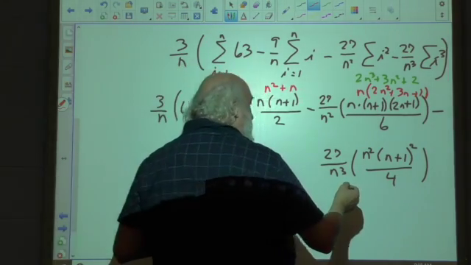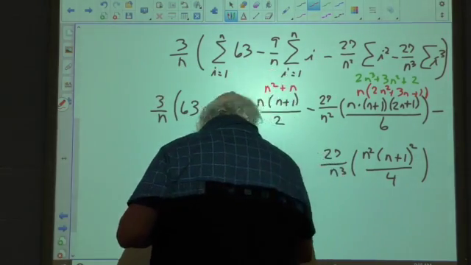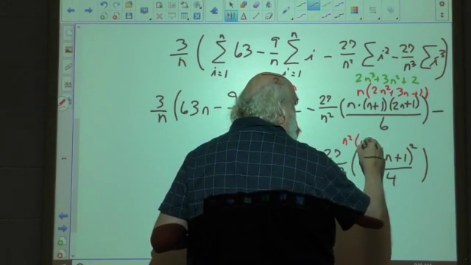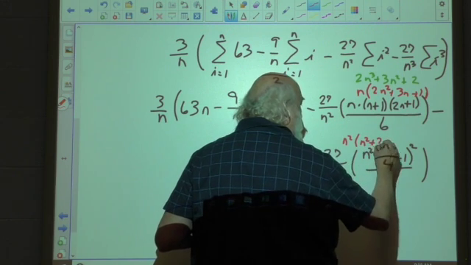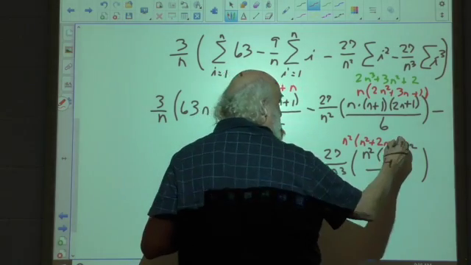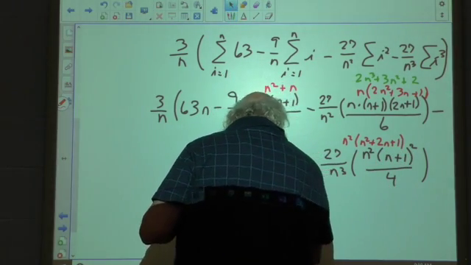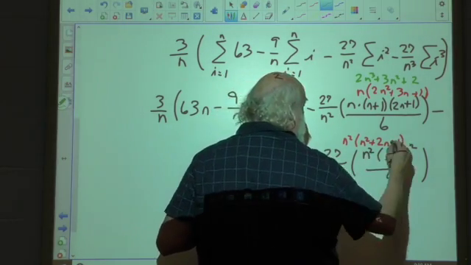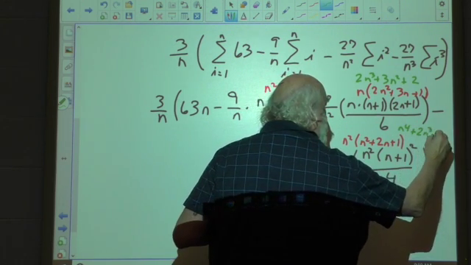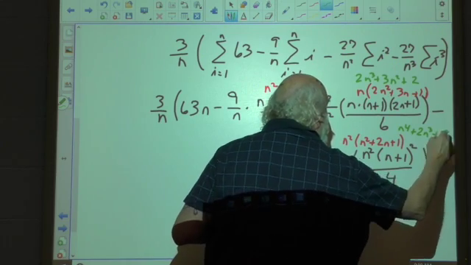And then this right here is going to be n squared times n squared plus 2n plus 1, Pascal's triangle. And that's going to become n to the 4th plus 2n cubed plus n squared.